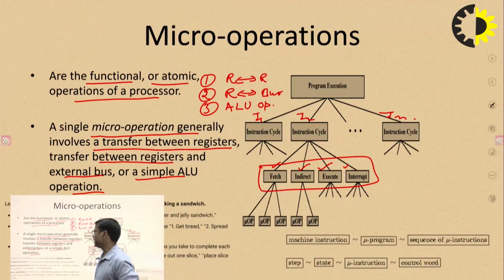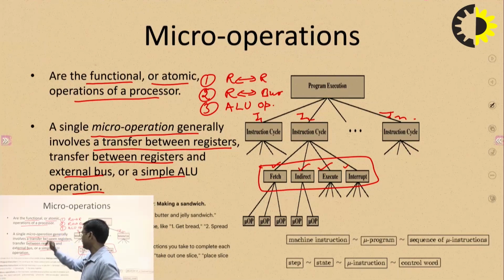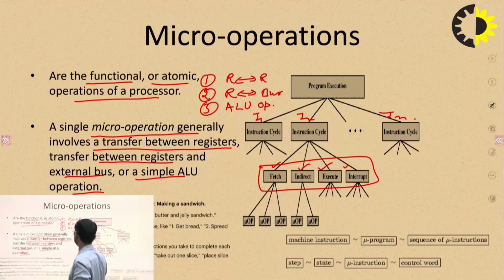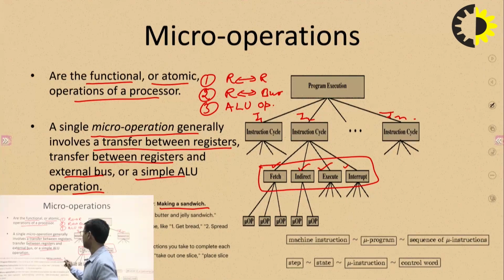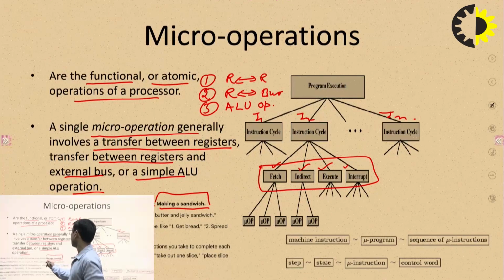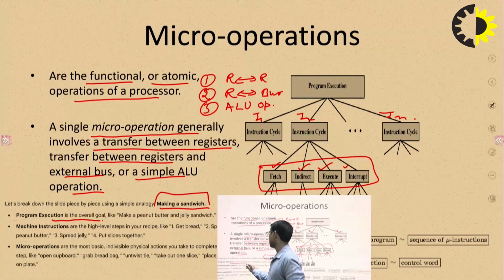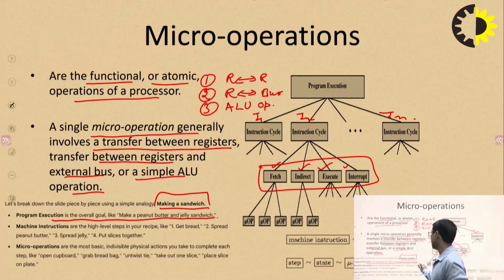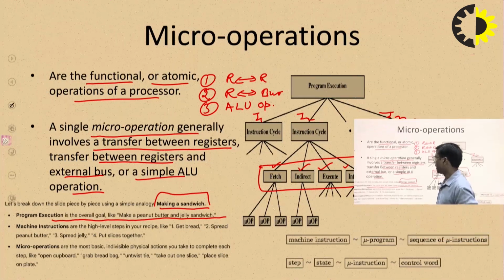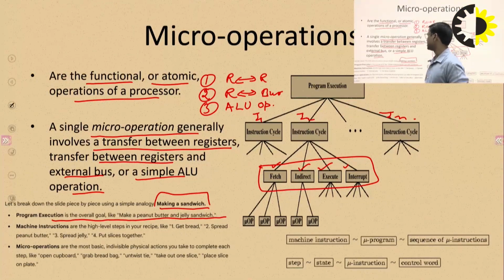Now if we see this functional division, we can think about making a sandwich as one program. The program execution has an overall goal, like make a peanut butter and jelly sandwich. So it is broken into machine instructions.